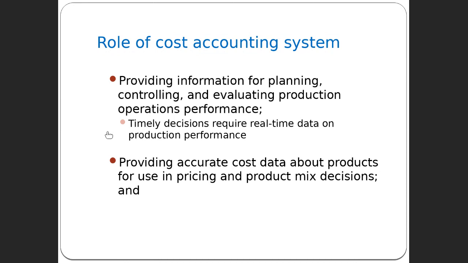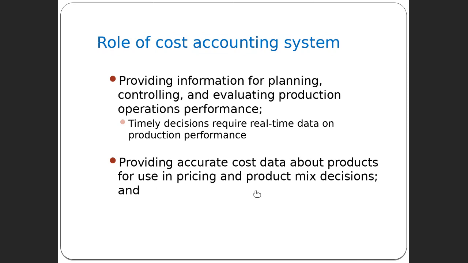So the faster the information is, the better it is, because this is for internal reporting and the managers can take action. So this information is coming from real activities, and the quicker the data can come, the faster they can take actions.